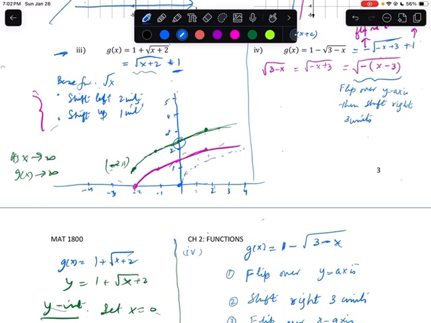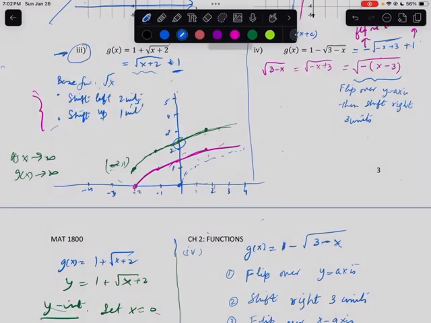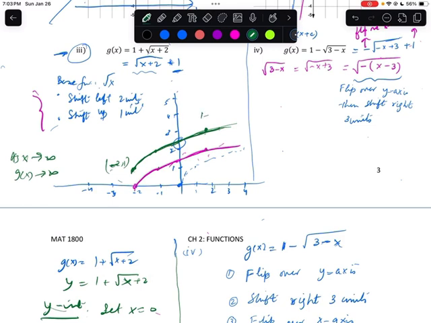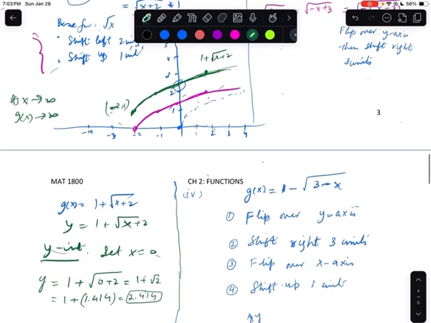Once we get the graph which we have here in the third problem, this green graph is the final answer, and this equation is 1 plus square root of x plus 2. So this is the graph of the function.